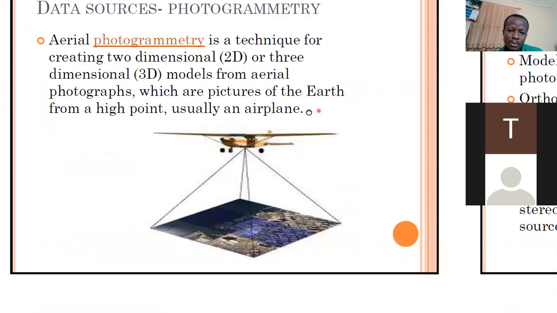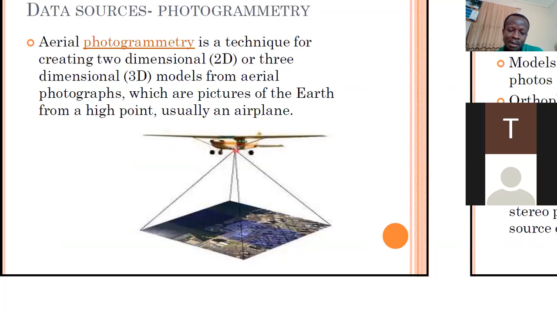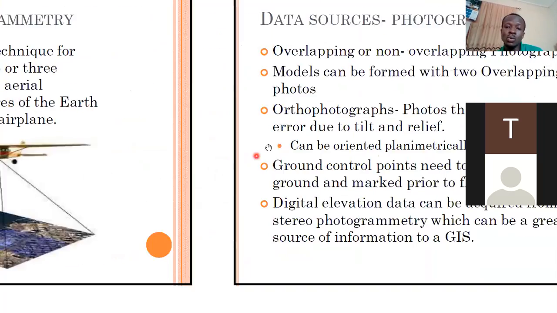Normally there's a camera or some kind of sensor mounted under the platform that looks down vertically. So vertical photographs are normally used, and we take successive photographs along a flight line. We cover a large area with a block of photos, and then we are able to map the whole area.